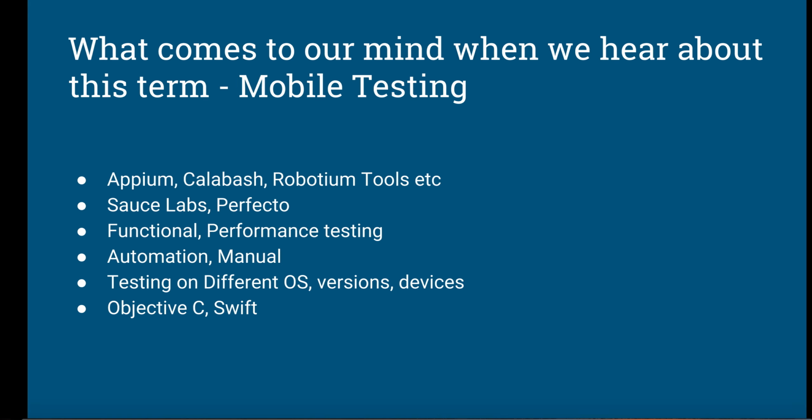If you are a QA, generally tools like Appium, Calabash, Robotium come to mind, and Sauce Labs, Perfecto if you want to run automation on the cloud. Then how to do the functional and performance testing of your mobile app, whether automated or manual, and testing on different operating systems like iOS and Android.